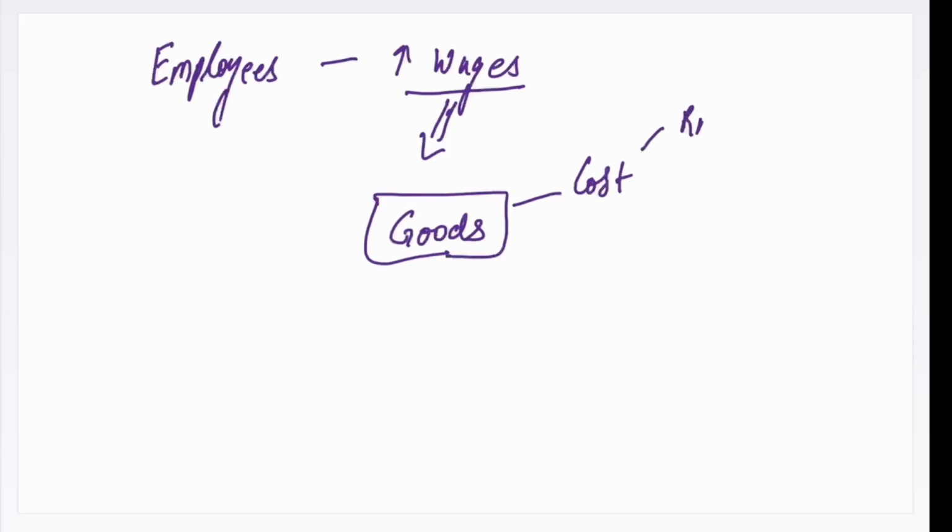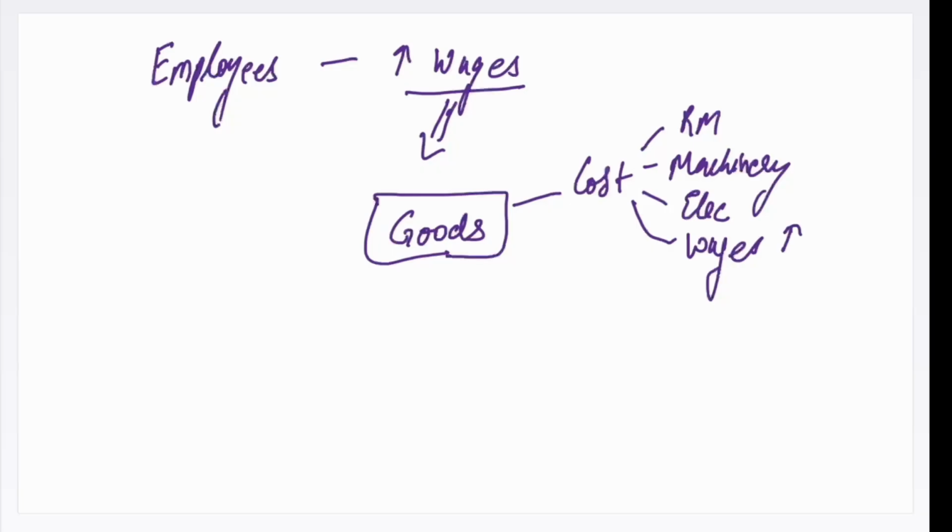Raw material, machinery, maybe electricity and other things, and the wages that go into it. Now, when the wages are increased, the overall cost goes up. When the cost goes up, now what happens? Any good is sold at a market price. So what is the sale price of a good? There is a cost price and there is profit.